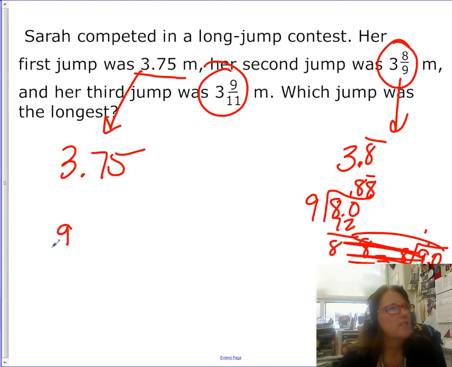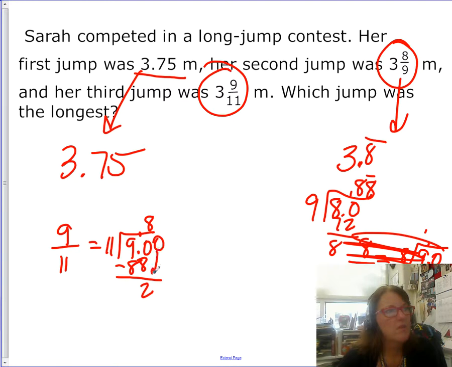This one, 9 divided by 11. This also lands you in the 8s, but let's see what happens here, okay? Because this guy is 0.88888. This one, I get a 2. Bring down this, we get a 1. Then I get 11.